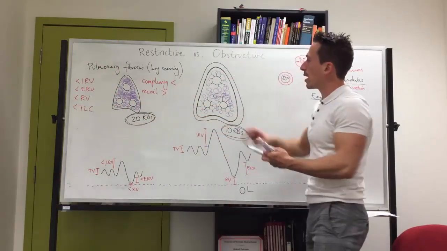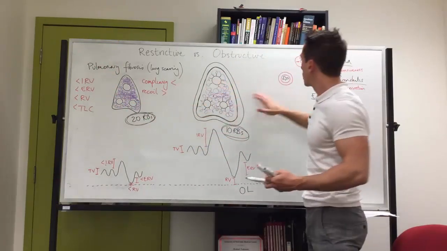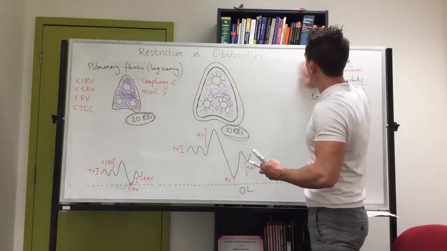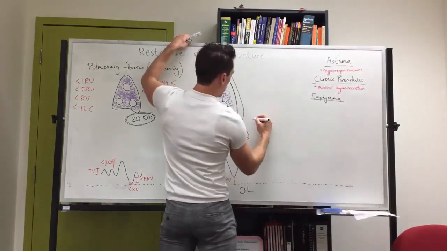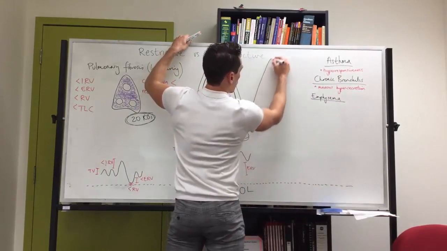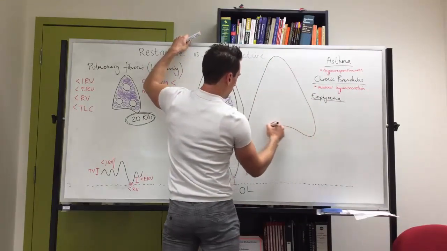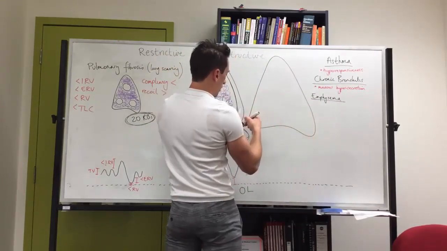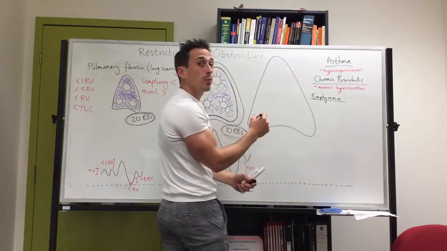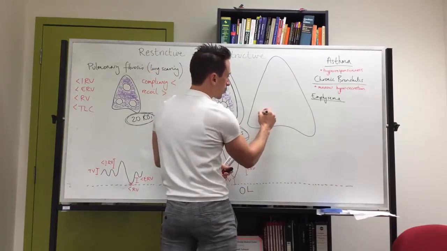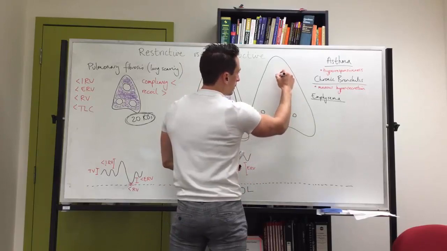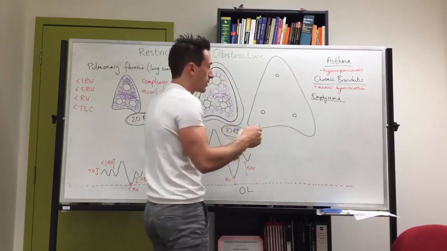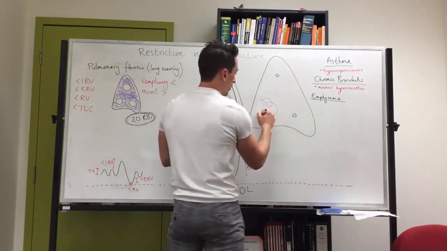So if we were to draw up a lung of somebody with an obstructive disease, the lung is going to be larger, and the airways are going to be smaller because it's an obstructive disease, and the elastic tissue is going to be reduced.